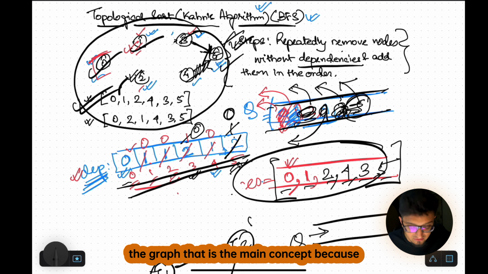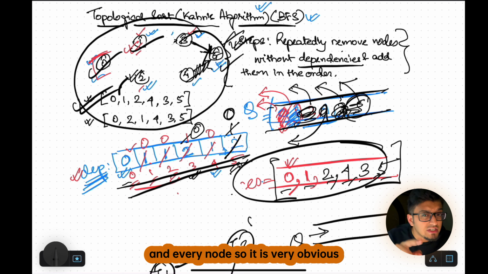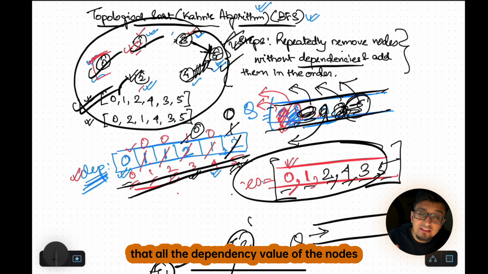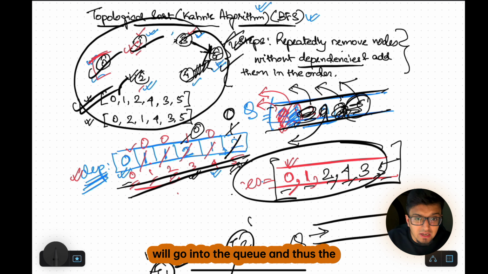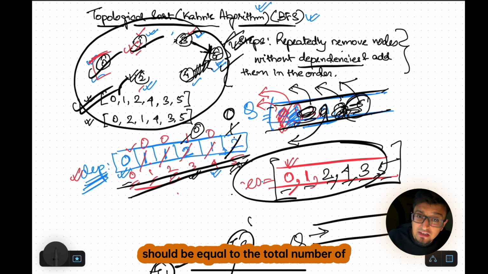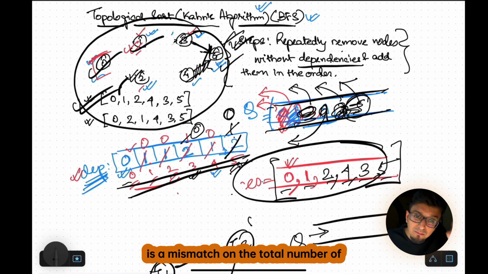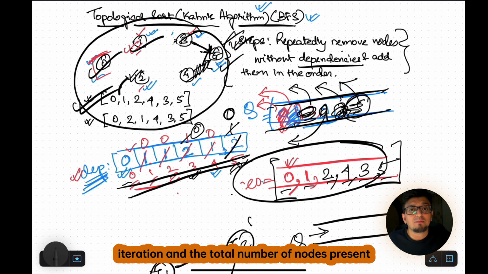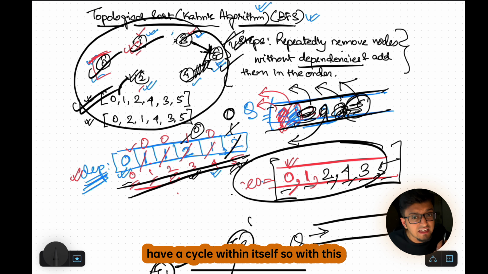That is the main concept, because you are iterating over each and every node, so it is obvious that the dependency value of every node will become zero at some point and it will go into the queue. Thus the total number of iterations should equal the total number of nodes in the graph. And if there is a mismatch between the two, it means that the graph has a cycle within itself.